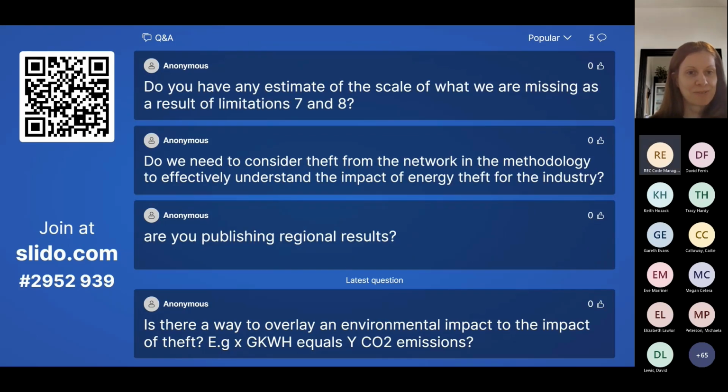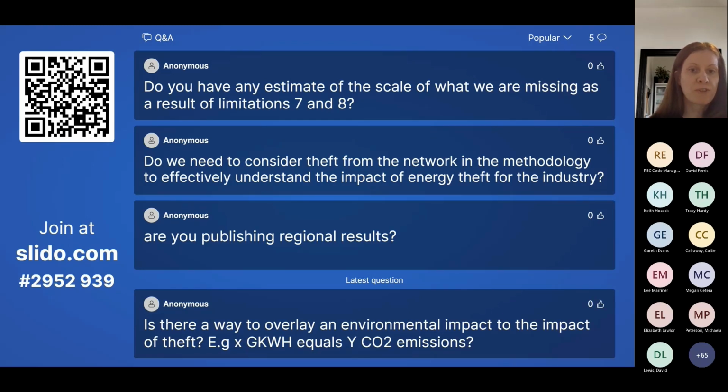Okay. Do you have any estimate of the scale of what we are missing as a result of limitations 7 and 8? Not at present, because it is an unknown quantity that we couldn't obtain data to quantify.